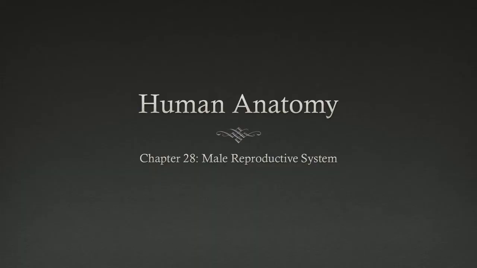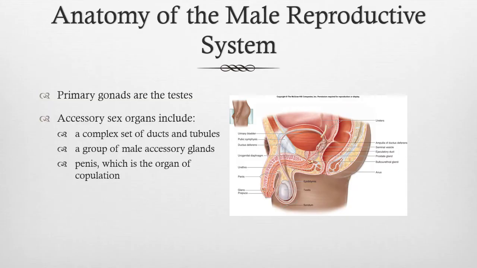Moving on to the male reproductive system. Essentially the structures themselves are effectively the same in the sense that we have a gonad, so you have the testes here in the male, and then a series of ducts that are going to deliver those sperm cells to the female. Essentially the same process for the female in terms of the ducts.